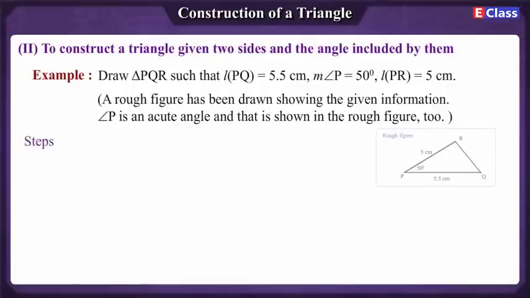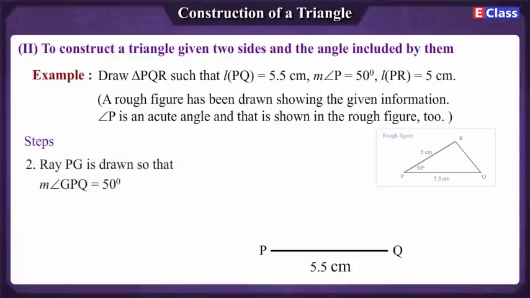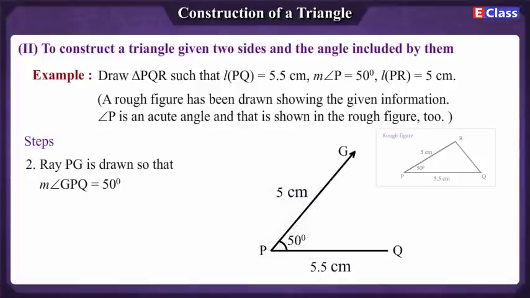Steps. 1. According to the rough figure, PQ forms the base of length 5.5 centimeters. 2. Ray PG is drawn so that measure of angle GPQ is equal to 50 degrees. 3.